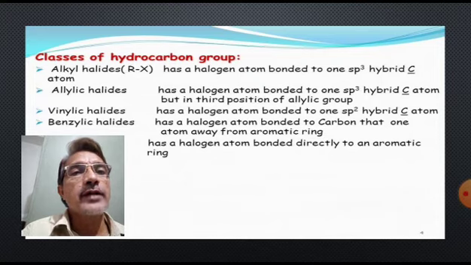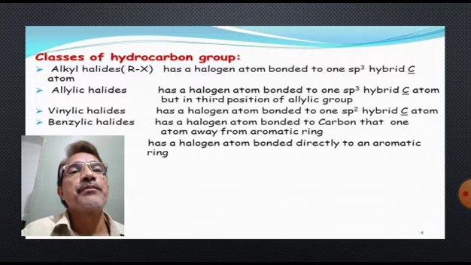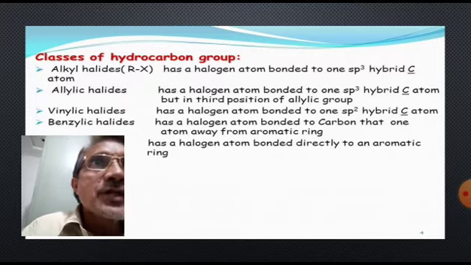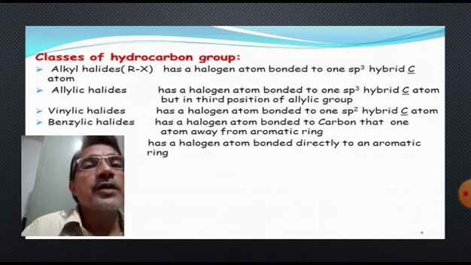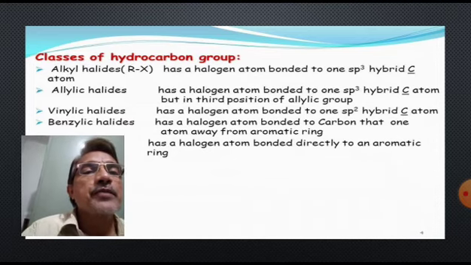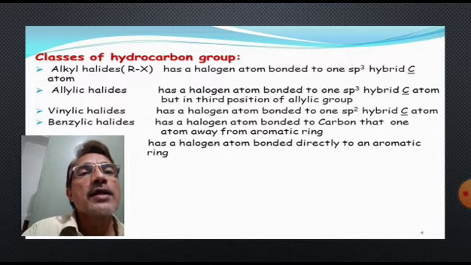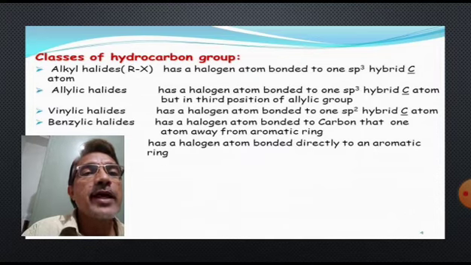In methyl chloride, the chlorine atom is bonded to the sp3 hybridized carbon atom of the CH3 group. Similarly, C2H5Cl. In C2H5Cl, the Cl atom is bonded to the CH2 of C2H5. That is also sp3 hybridized carbon. In all alkyl halides, the halogen atom is bonded to an sp3 hybridized carbon atom.